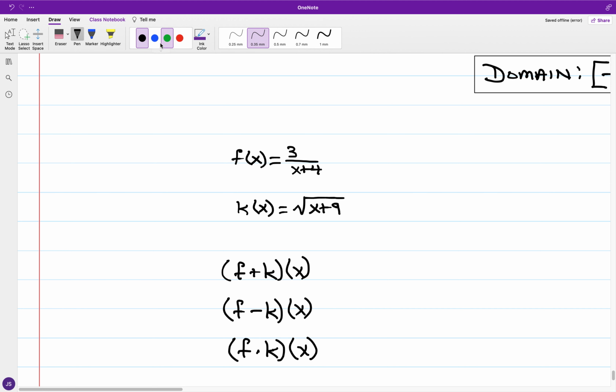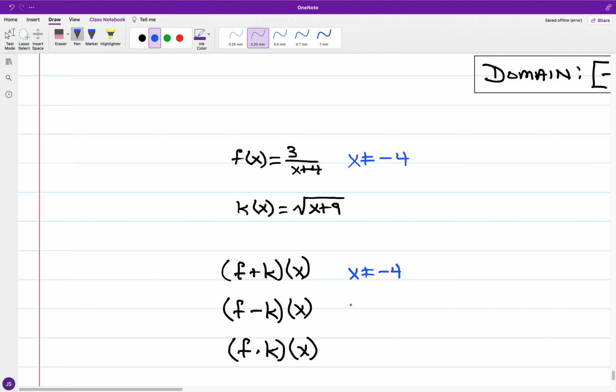Now for what we have regarding f of x, we got 3 over x plus 4. Again, for f of x, the denominator cannot be 0, so x cannot be -4. So for the sum, difference, and product functions, we have to be able to work with f of x.